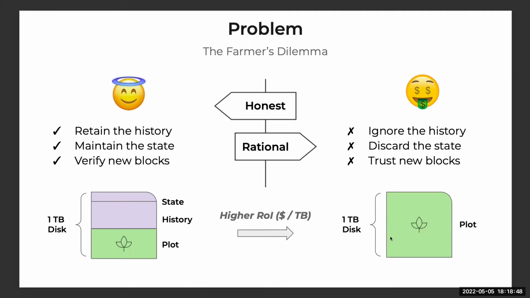So the natural incentive is to maximize the plot, make the plot as big as possible, ideally using as much of your available hard drive space as possible, and not store the history, not maintain the state, not verify new transactions, basically run as a light client. When you do this, what most people do in practice is just join a farming pool.